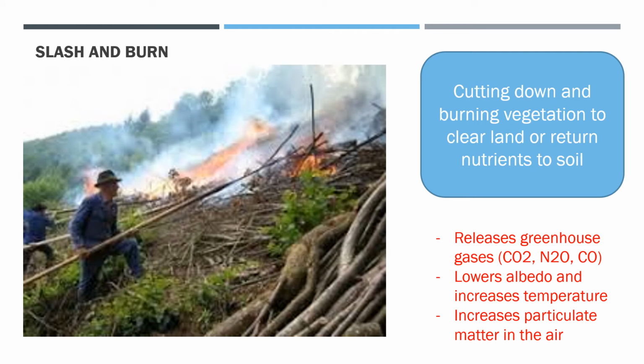The problem is that it releases greenhouse gases, CO2, N2O, and CO, back into the atmosphere. It's lowering albedo, which means it's absorbing more sunlight and therefore increasing the temperature. As we burn things, it also increases the particulate matter in the air, which is a problem for people with asthma.